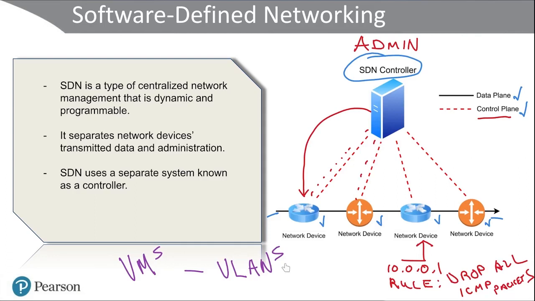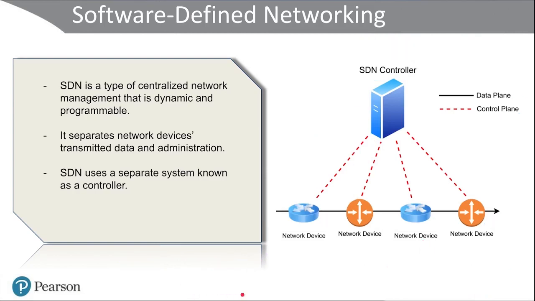And this makes the network more agile. The most commonly known SDN protocol is the OpenFlow protocol, which is open source, meaning anyone can use it. Although companies such as Cisco have entered the market with their own proprietary SDN solutions.